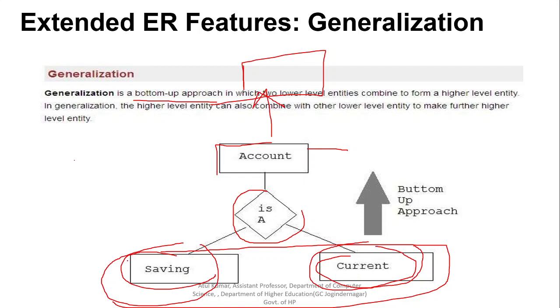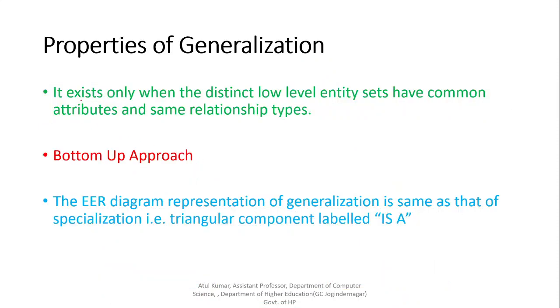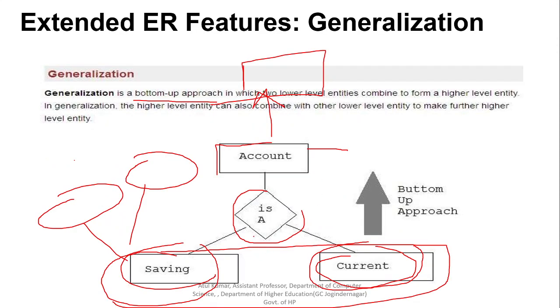They share some common attributes like account number or account type. These are the common attributes shared by these lower level entities. Only then do we go for generalization. The relationship is also the same, as saving and current have the same relationship.